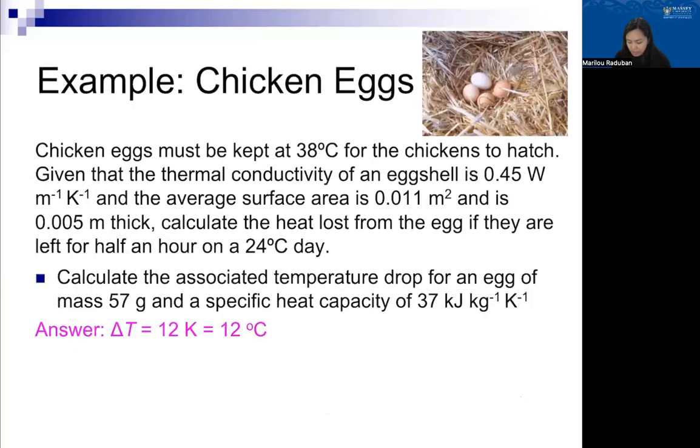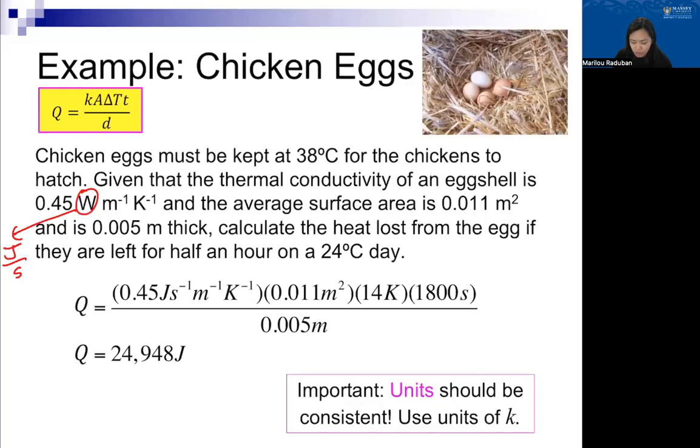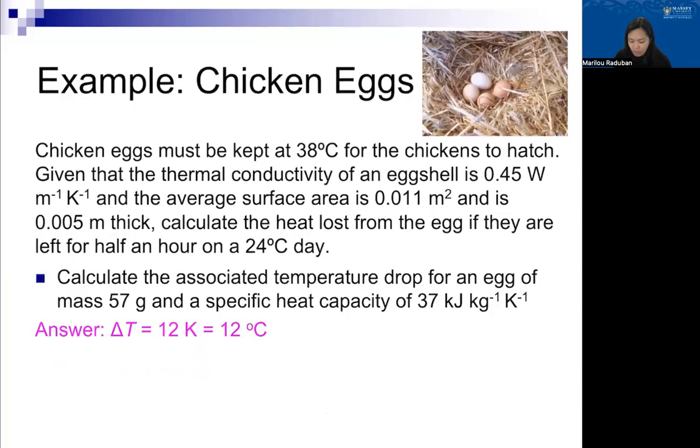So now let's look at the follow-up question. We've left the egg for 30 minutes and we determined that over the time, this much energy is transferred. So the egg has lost 24,948 joules of energy because it's transferred to the environment. Now, the next question is to calculate the associated temperature drop for an egg if the egg has a mass of 57 grams and the specific heat capacity of the egg is 37 kilojoules per kilogram per Kelvin.